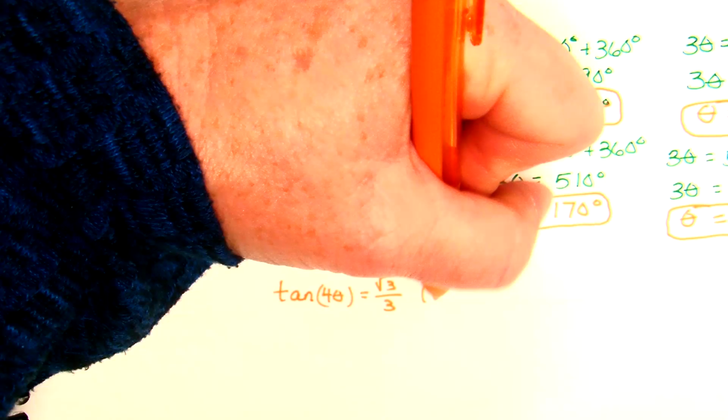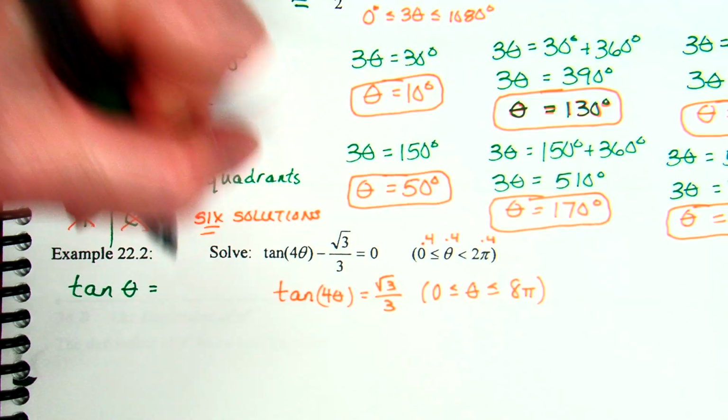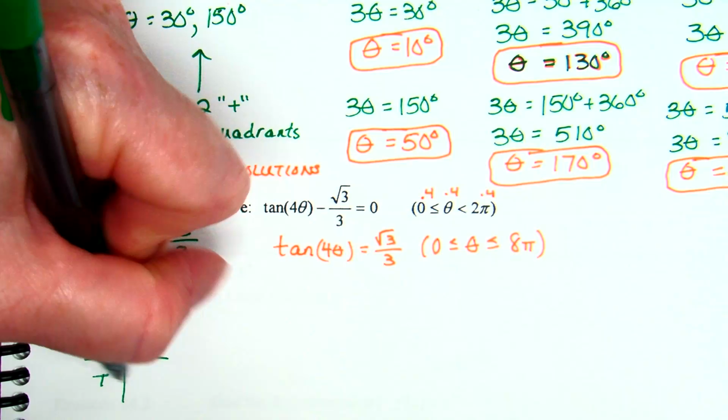Okay, so we are asking ourselves, when does tangent equal square root of 3 over 3? So get your quadrant 1 answer to start yourself. When does tangent equal square root of 3 over 3?